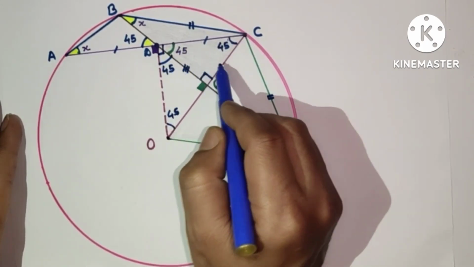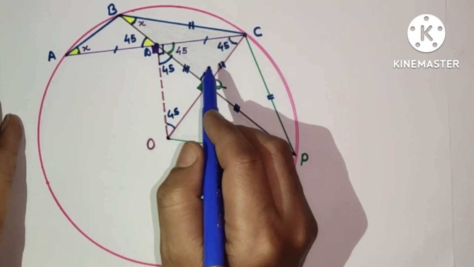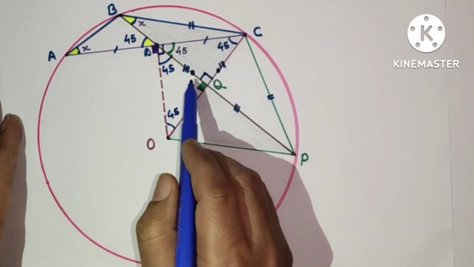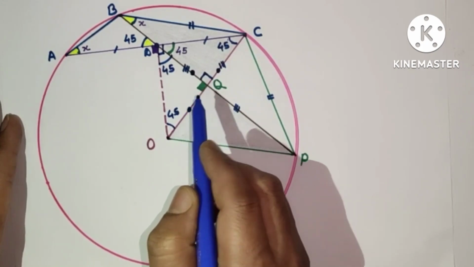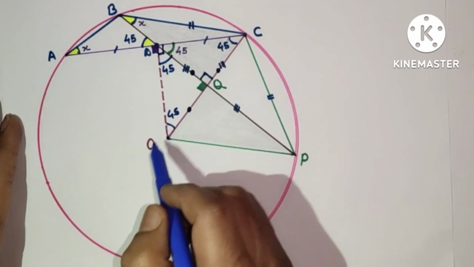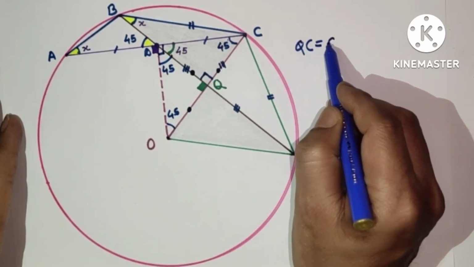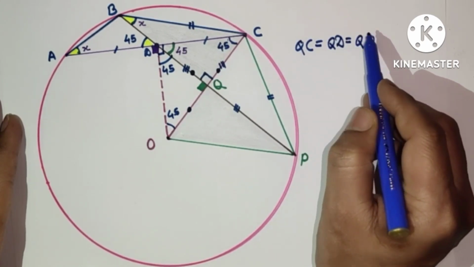So mark these three like this. This is equal to this, and 45, 45, so this side is equal to this side also. 1, 2, 3. So QC, QD and QO are equal.